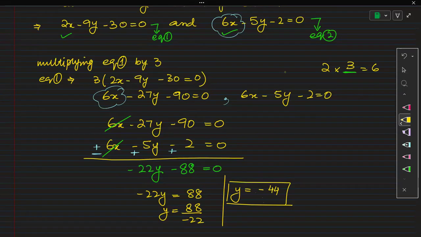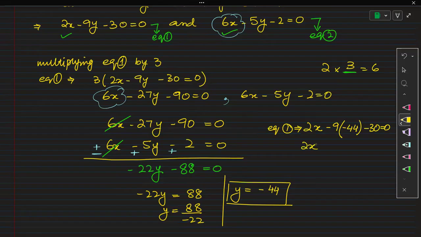So again, I'm going to choose equation number one. It's not necessary that you always go with equation one. It's up to you, right? You can substitute into any equation. So 2 times x minus 9 times y. Value of y is minus 44. Minus 30 equals 0.